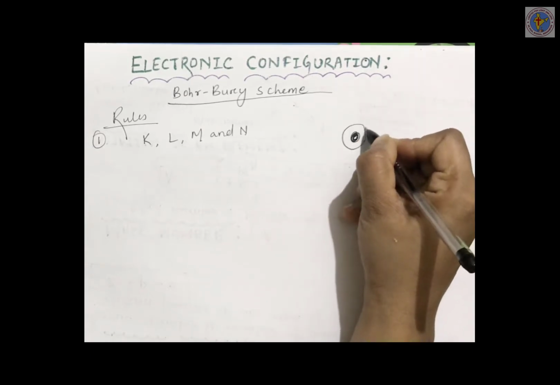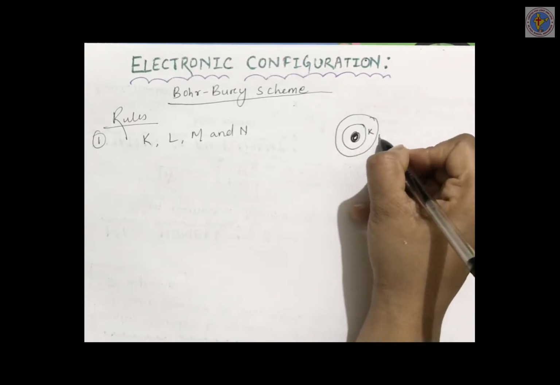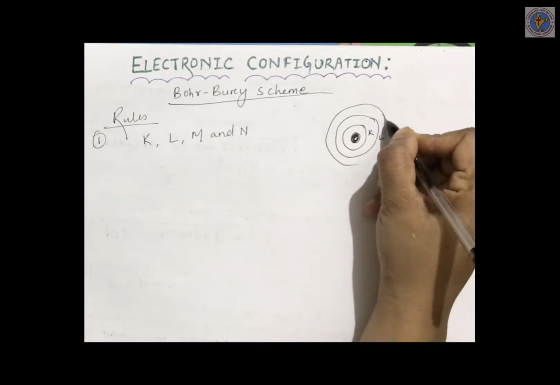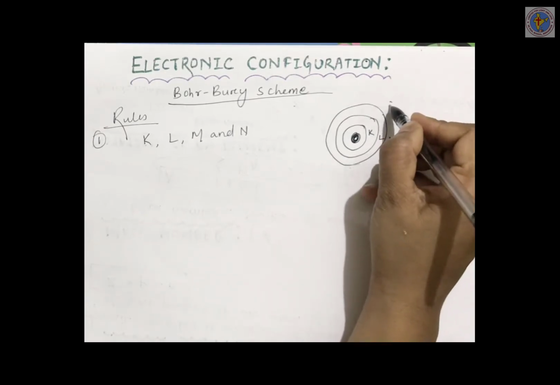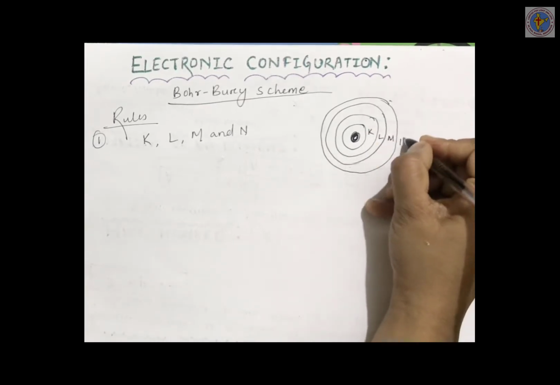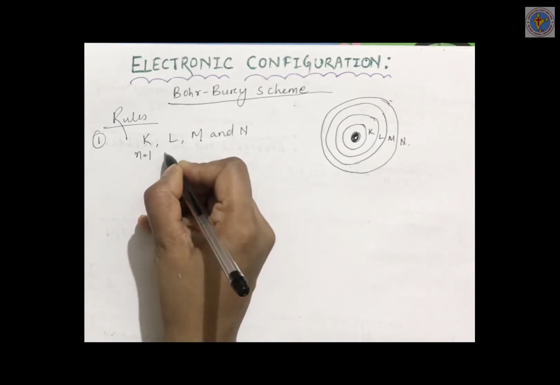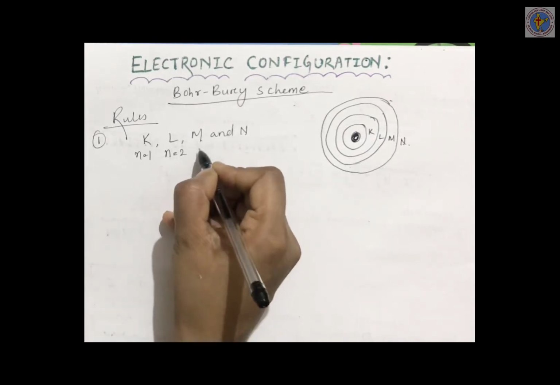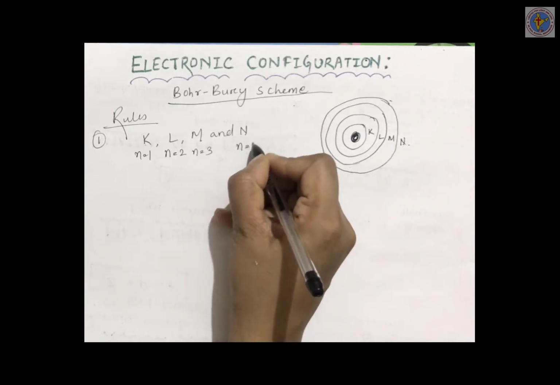This is the first shell, that is K. This is the second shell, L. This is the third, M, and this is the fourth one, N. So for K, n is equal to 1. For L, n is equal to 2. For M shell, n is equal to 3. And for N shell, n is equal to 4.